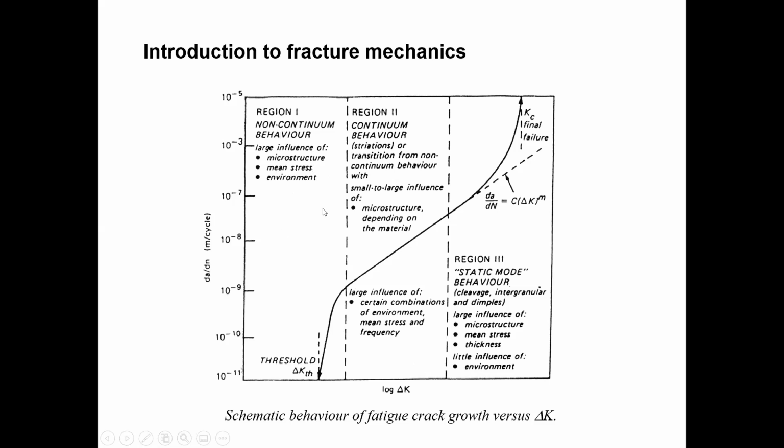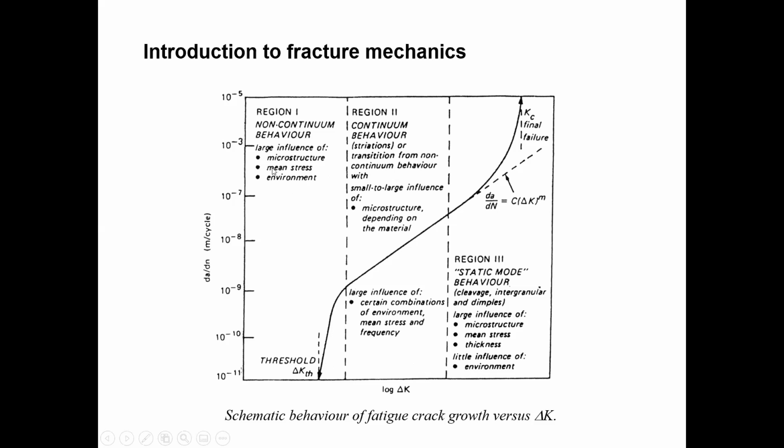This region is governed by the microstructure of the material. If it is a shaft, the atoms are arranged in a different manner, so it has a microstructure. That microstructure will govern these regions, this behavior, this line shape and other things.